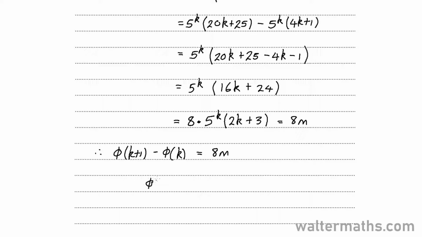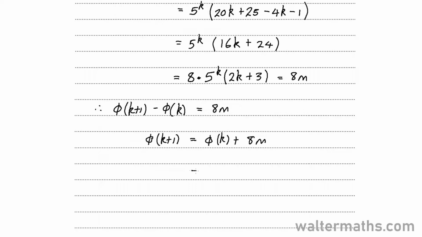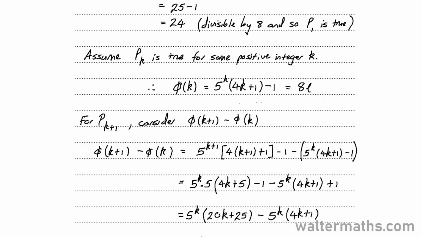and for phi of k plus 1, which is what we're looking for, it has to be equal to phi of k plus, in this case, 8m. That's by taking minus phi of k to the right side. So here, we know that phi of k, from the assumption, we got that to be 8l.